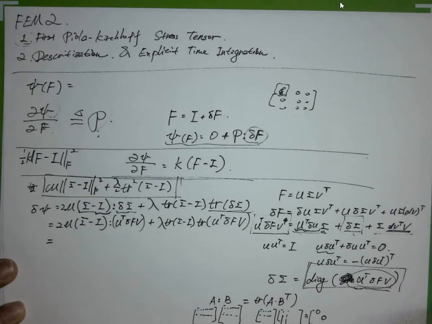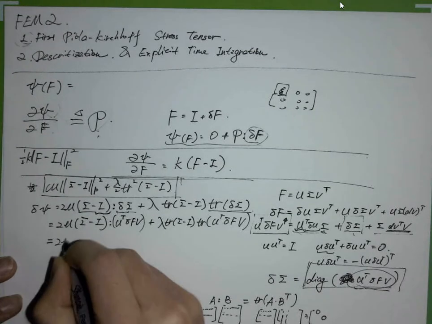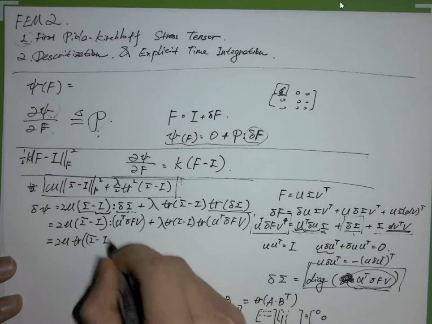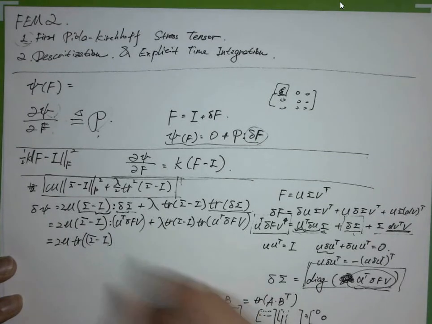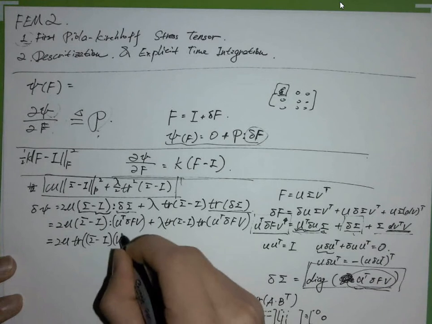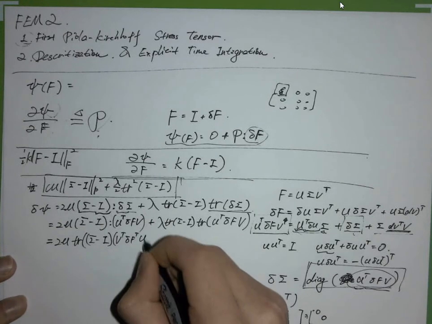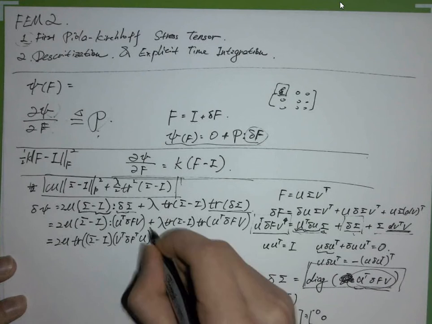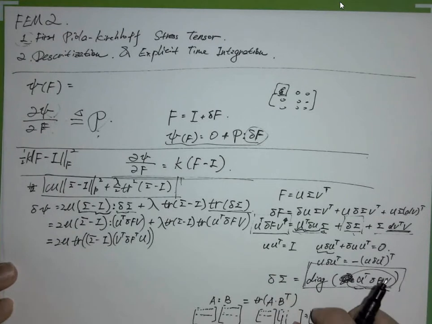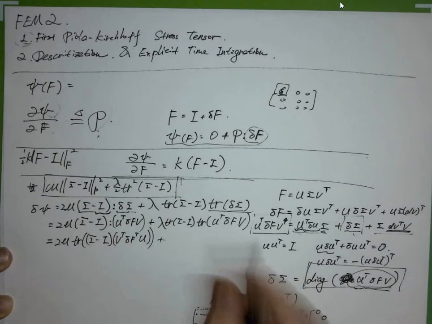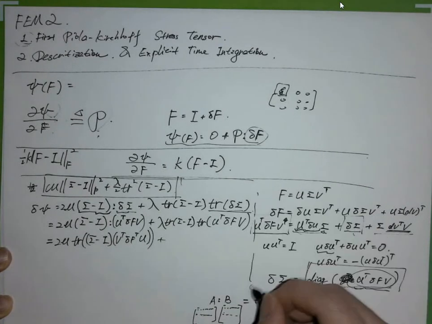So I can put this trace trick inside. It's 2 mu multiplied by trace of sigma minus I, and here I'm going to transpose it, which is V transpose delta F transpose U. All right, and plus the second half, which I'm not writing down over here.